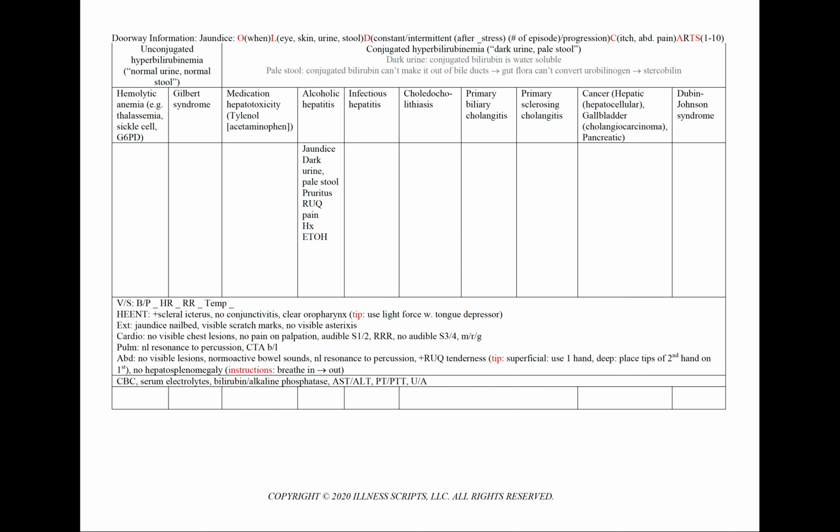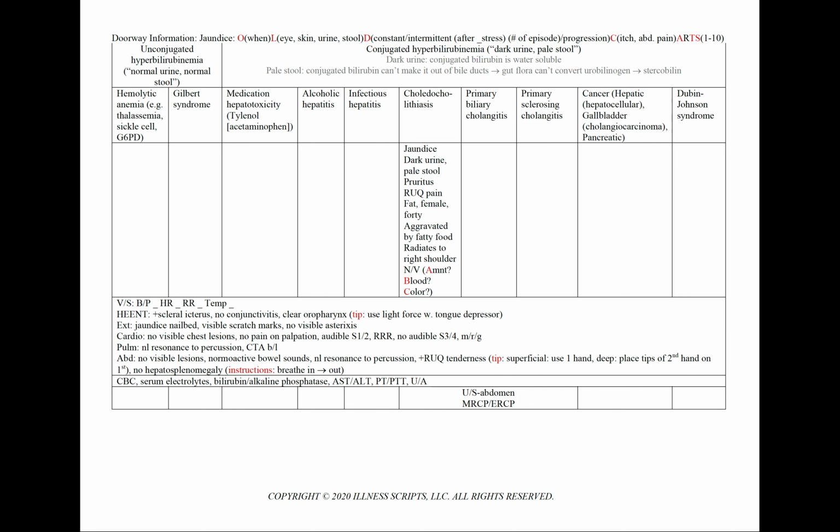In alcoholic hepatitis, we'll see jaundice with dark urine and pale stools, pruritus, right upper quadrant pain, and a history of heavy alcohol use. In infectious hepatitis, we'll see jaundice with dark urine and pale stool, pruritus, right upper quadrant pain, and a history of either travel, IV drug use, or blood transfusions, and we'll order hepatitis serologies.